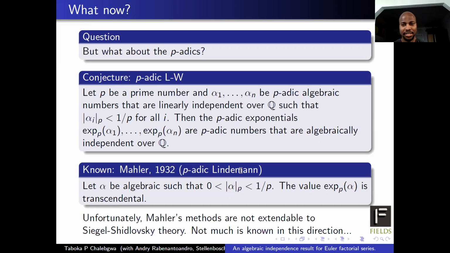So at least the Hermite-Lindemann version is known. But unfortunately, Mahler's methods do not extend to the Siegel-Shidlovsky theory, because otherwise, if that were the case, then one would just use that meta approach and then be able to immediately deduce the p-adic Lindemann-Weierstrass theorem. So it's a little bit difficult; we don't have a Siegel-Shidlovsky theory for p-adic exponentials. That's pretty much the case.